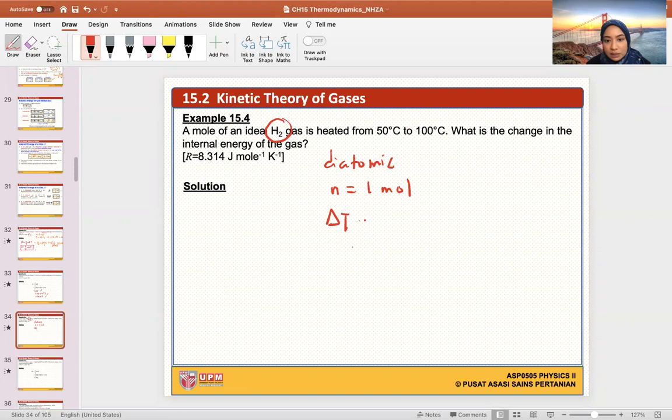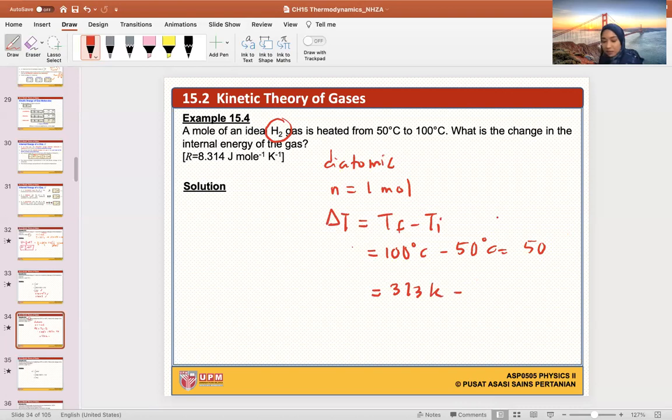So delta T is equal to T final minus T initial: 100 degrees Celsius minus 50 degrees Celsius. The answer is 50 degrees Celsius. The change in temperature for Celsius is the same as Kelvin. So if you wanted to do this in Kelvin, you can do that as well. 373 K, yep.